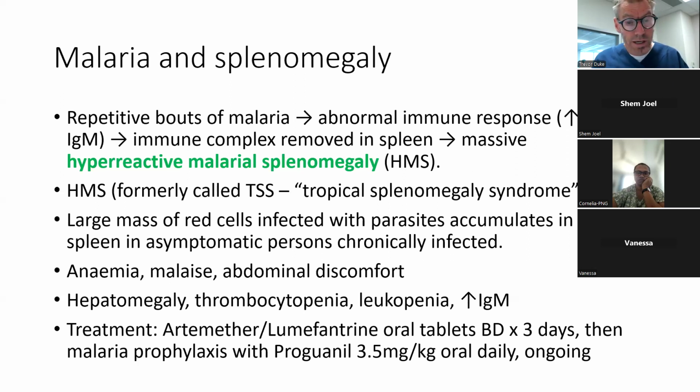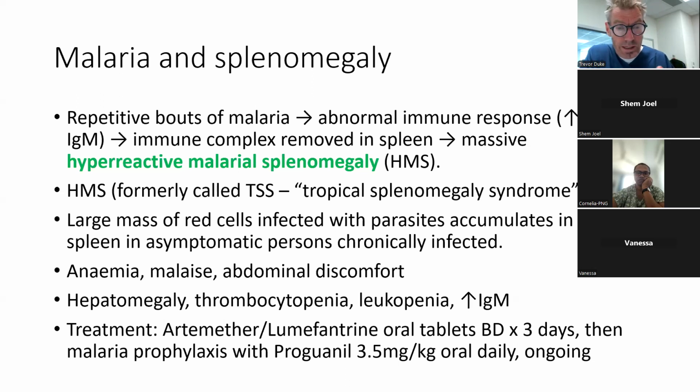So immunoglobulin M is an antibody that combines with antigen, and then that has to be removed by the spleen. Antigen-antibody complexes are usually removed by the spleen with the aid of complement and with the aid of macrophages and other phagocytosing cells. But because of that, the spleen has to be increasing its function, and then it enlarges markedly.